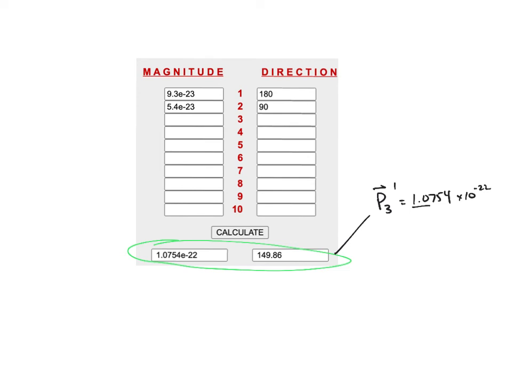And the angle would be 150 degrees. So if east is 0 degrees, where's 150? You have 90, and then 60 more degrees would give me 150 degrees. So it would be 60 degrees here. So the direction of this thing is north 60 degrees west. And this is in newton-seconds.